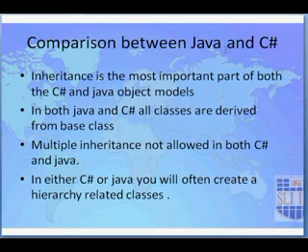In either C# or Java, you will often create a hierarchy of related classes. Java and C# use single inheritance, because a Java or C# class can have only one superclass. In other object-oriented programming languages such as C++, classes can have more than one superclass, and they inherit combined variables and methods from all those superclasses.